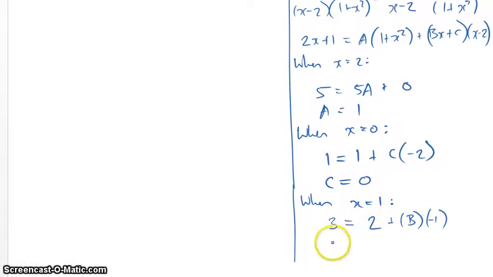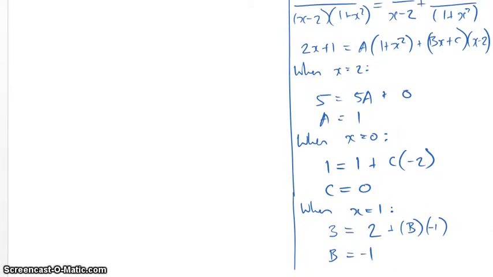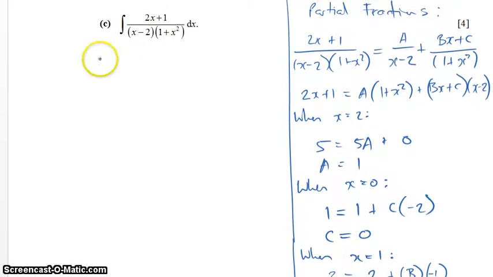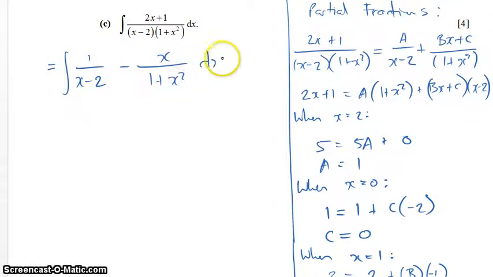So that tells us that b is equal to minus 1. So knowing all of that, what can we say? This means that the integral can be rewritten as the integral of 1 over x minus 2 minus x over 1 plus x squared dx.